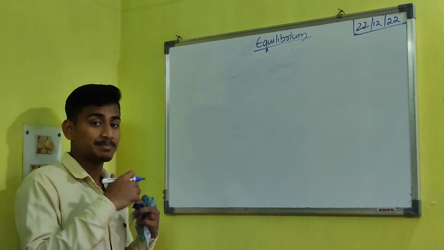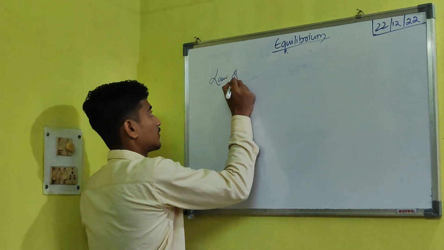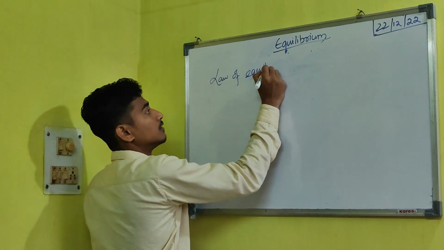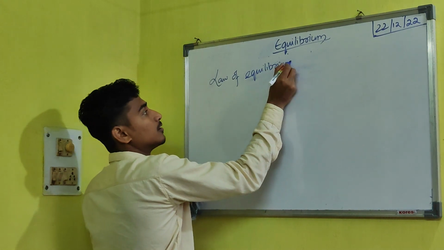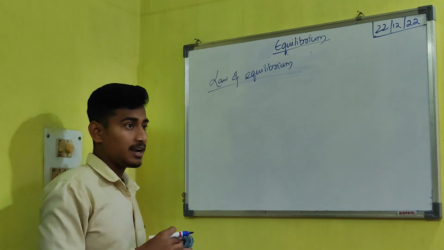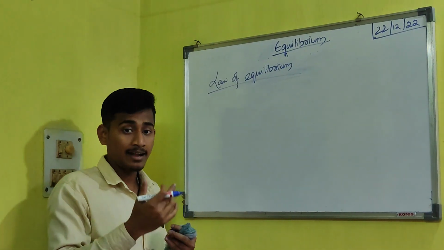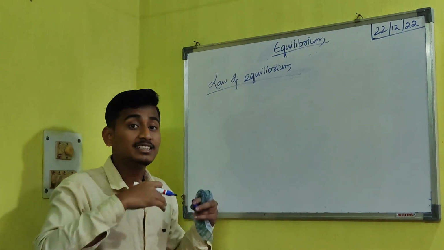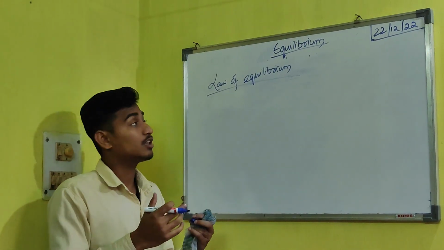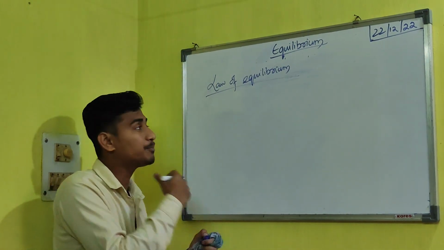Let's come to the next part, the law of equilibrium. It means that if the ratio of the rate of forward reaction and the rate of backward reaction is a constant, that is known as the law of equilibrium. You can understand by a simple example.